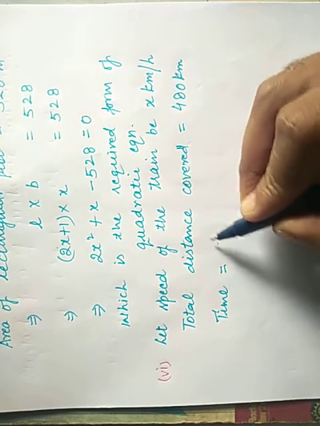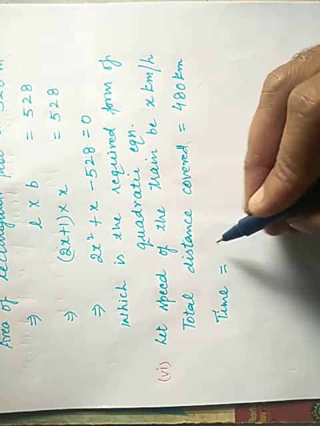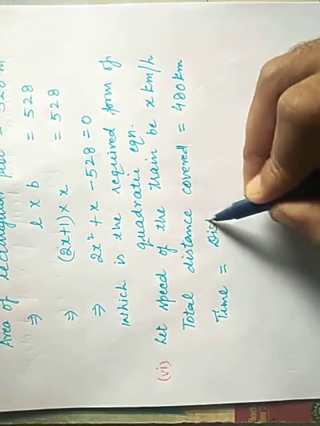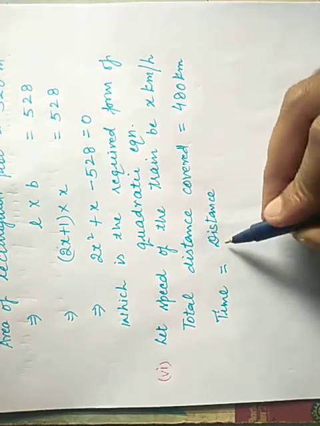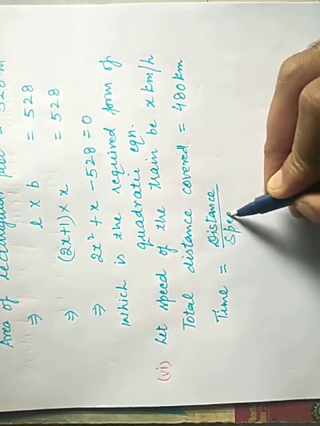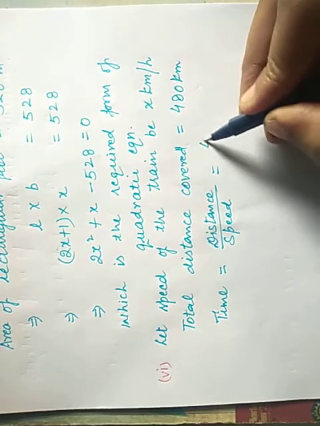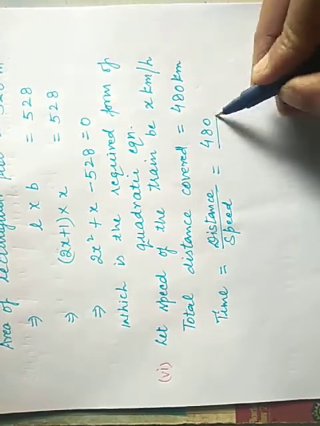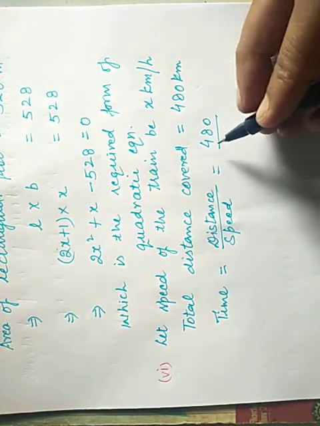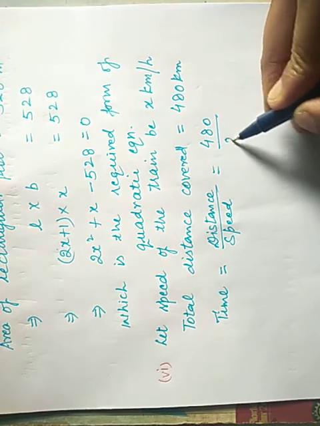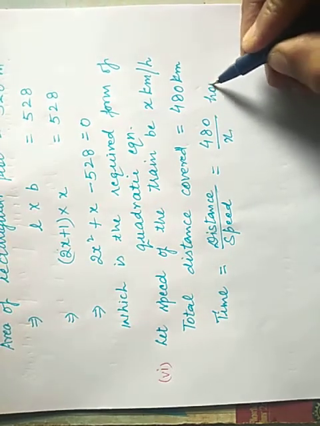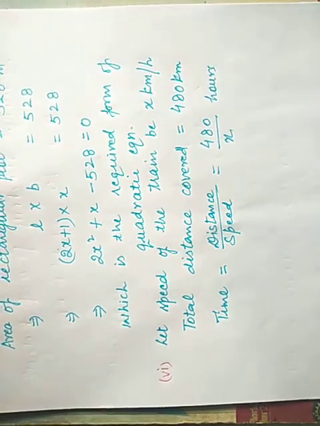Time is equal to distance upon speed. So what is distance? 480. What is speed? x. So this time is 480 upon x.